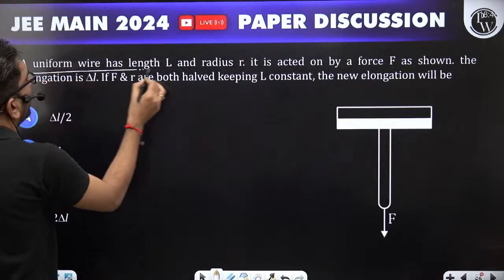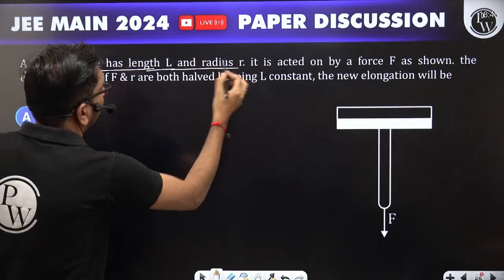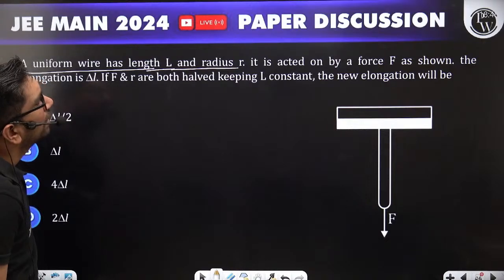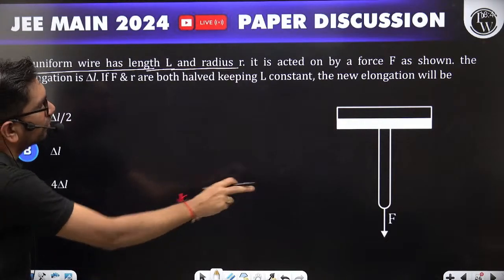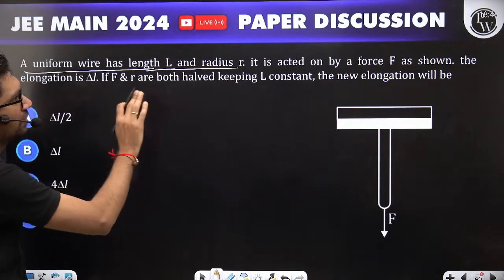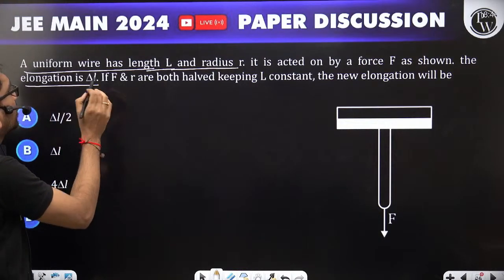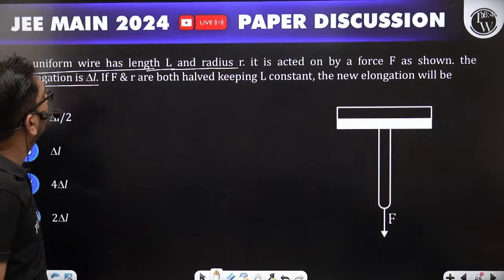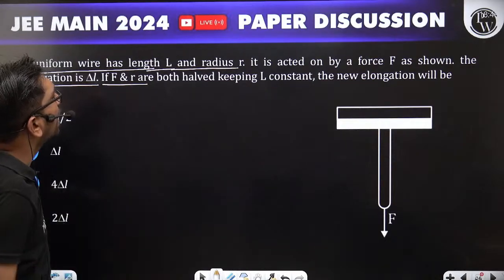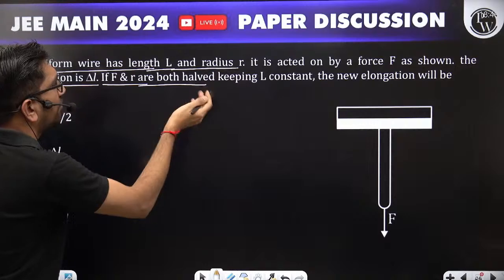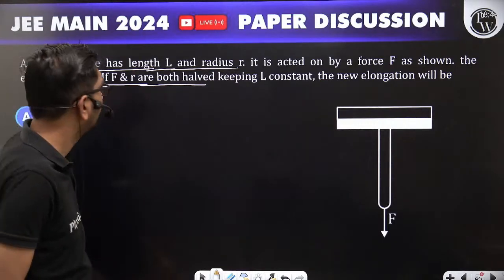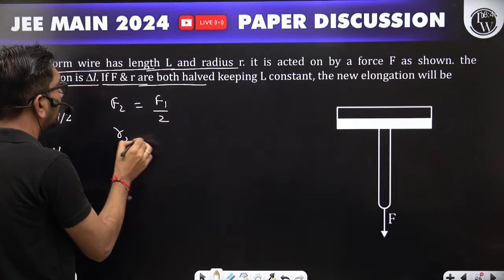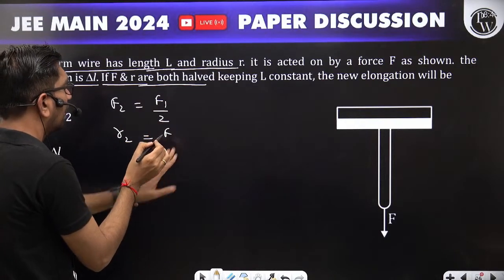A uniform wire has a length L and radius r. He has given the diagram also. It is acted on by a force F, as shown. The elongation is delta L, let it be. If F and R both are halved, see here, the force is F1 by 2 and R2 is R1 by 2.